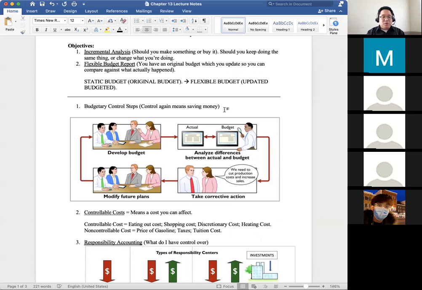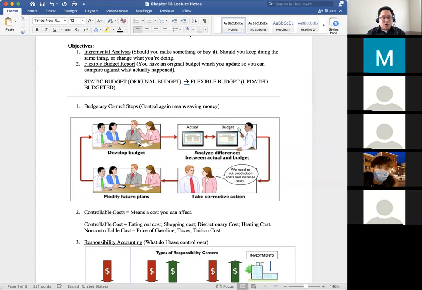If you're trying to do some planning or control, seeing if you're over or under budget, of course, everybody starts with an original or static budget, and then they update it with new information, and we call that a flexible budget. So these are the different types of concepts and components that we're going to talk about in this process of what we know as budgetary control.